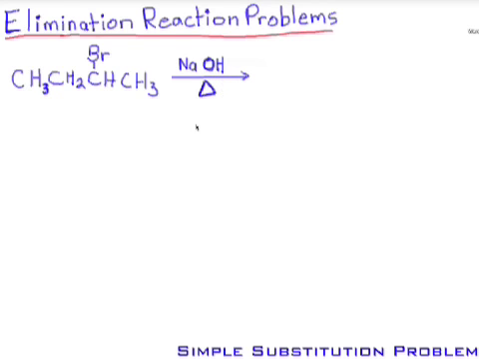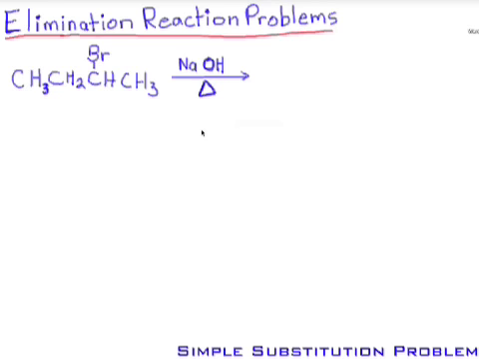If I wanted E1 in an alkyl halide, I will actually have to write E1 under the arrow. Okay? If I write E1 under the arrow, you will go by the E1 mechanism. However, if there is no E1, you will assume that it is E2, and you must follow the rules for E2 elimination.